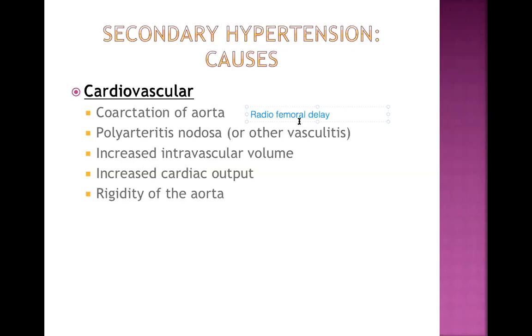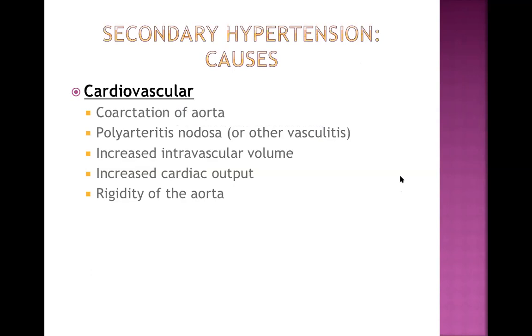When we palpate both radial pulse and femoral pulse at the same time, because of this acute constriction of the aorta, very little blood is flowing towards the femoral artery, but the radial artery is quite normal. So what does that mean? I can feel the radial pulse slightly ahead of the femoral pulse. So this is called radiofemoral delay. And this is a very important question your teacher is going to ask you.